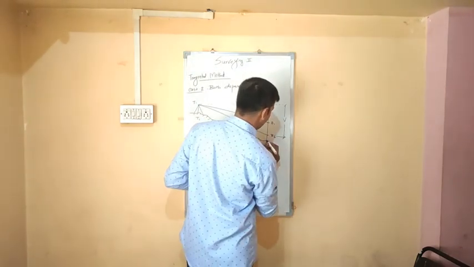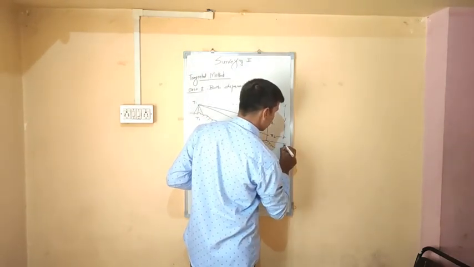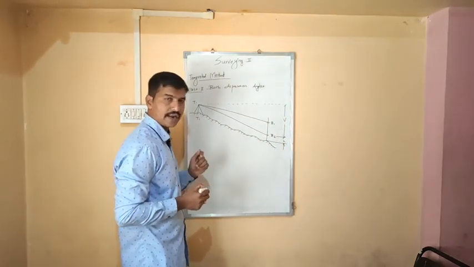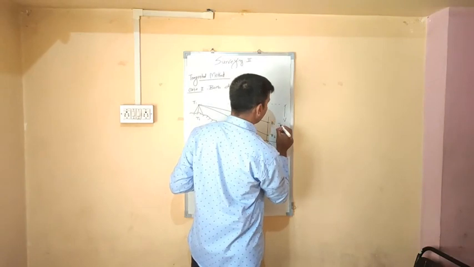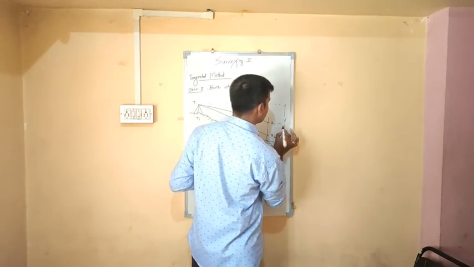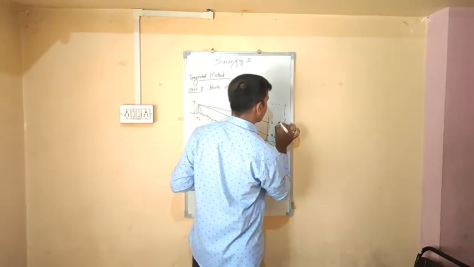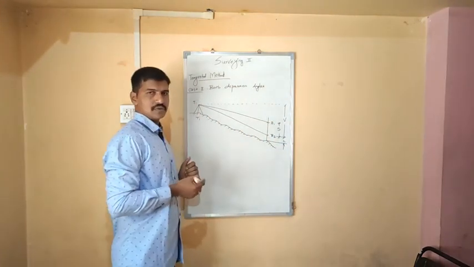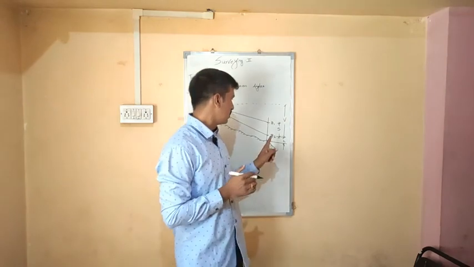From B2 to the ground, this is small h, and B1 and B2, this is nothing but your S. Simple. Please keep it simple.